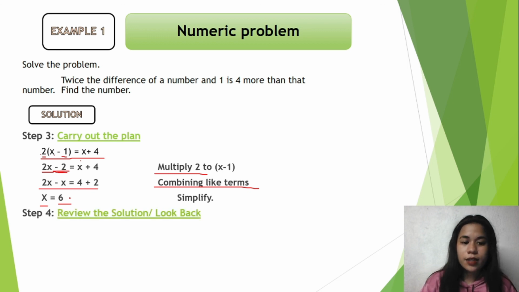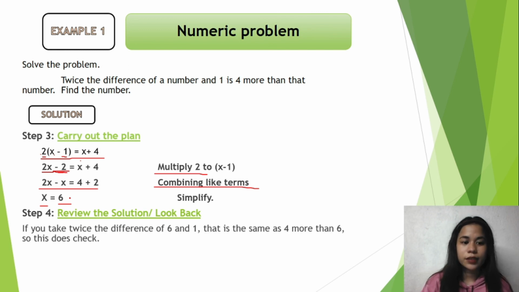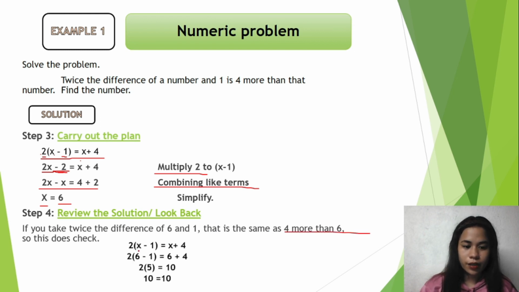So let us review the solution, or let us check the answer if our solution is correct. If you take twice the difference of 6 and 1, that is the same as 4 more than 6. So here is the solution. We substitute 6 to the value of x.